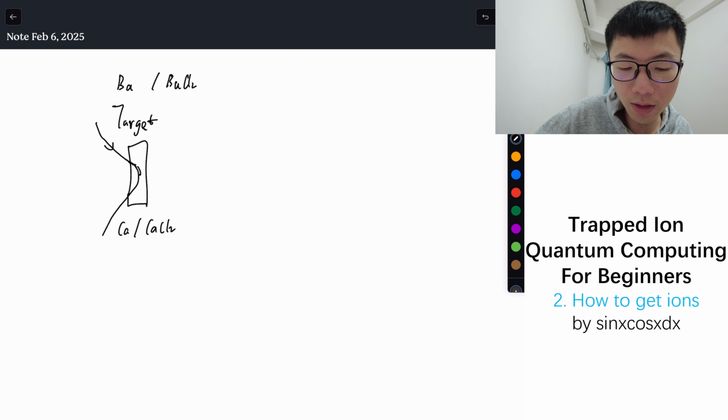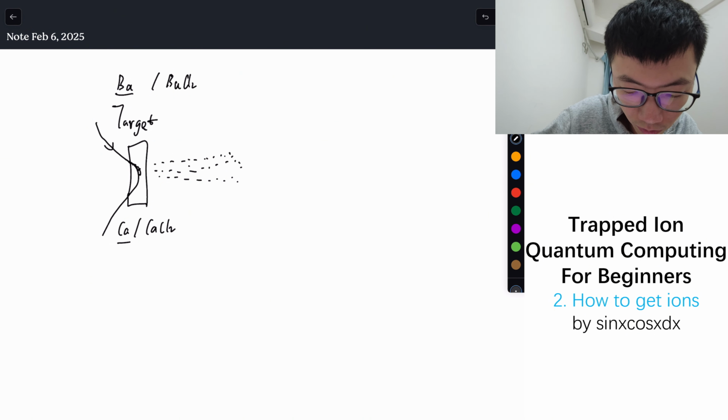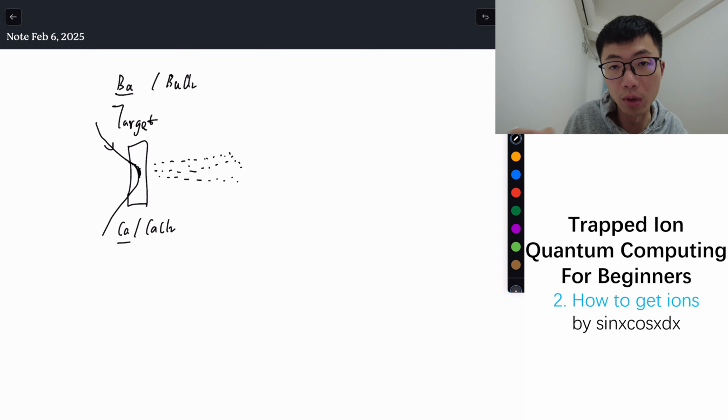If we use the oven, we can only use the metal, for example, metal barium and metal calcium. We cannot use the compound because the oven cannot get the metal atom outside the compound. So typically people just use the metal if using an oven.